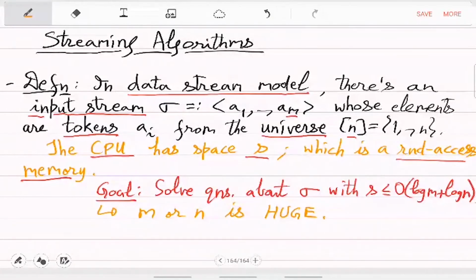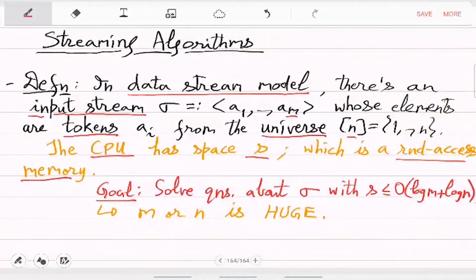For example, how long was the data stream, that is one question, or how many distinct elements were there in the data stream, or whether there was an element whose frequency was very high compared to others. Those questions you can ask and they are actually required in practice, a solution is needed.